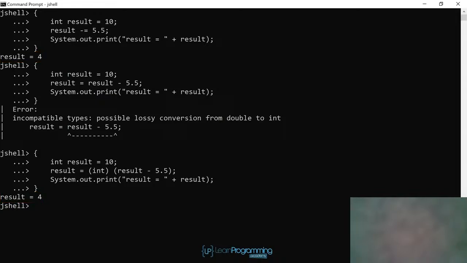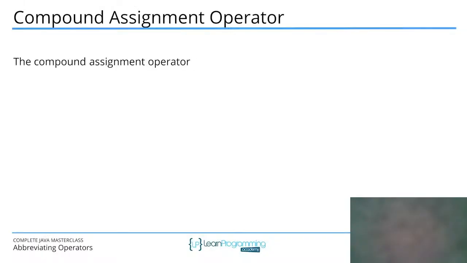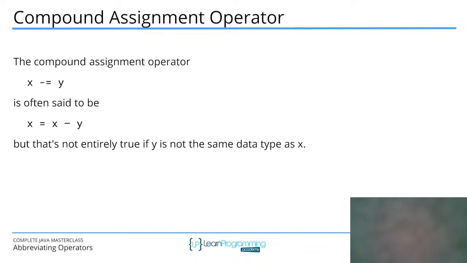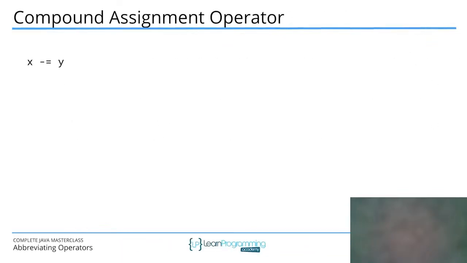compound minus operator. The compound assignment operator x minus equals y is often said to be x equals x minus y, but that's not entirely true if y is not the same data type as x. X minus equals y is really x equals left parenthesis data type of x right parenthesis and x minus y in parentheses.